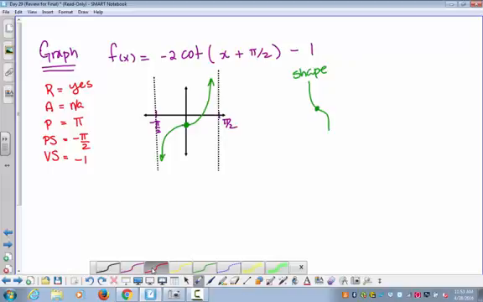Domain for this function? Like any trig function, it wants to be all reals. But unless you're sine or cosine, not all reals. Got to throw out the asymptotes. They don't belong. So what's the first asymptote?